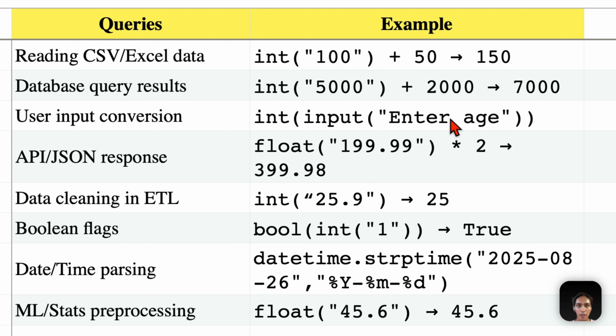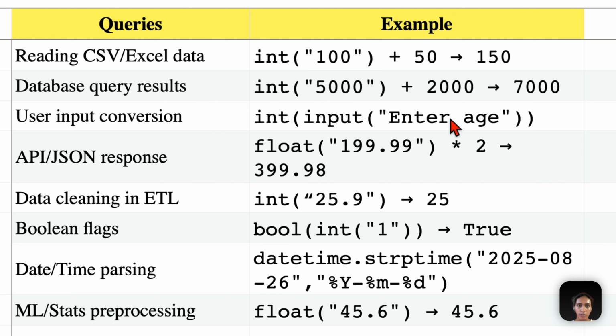Let's say we have to increase the salary of employees from team A, but the salary is stored as a string. Then we will first convert it into integer or float, and then add a particular amount to increase the salary of specific employees.